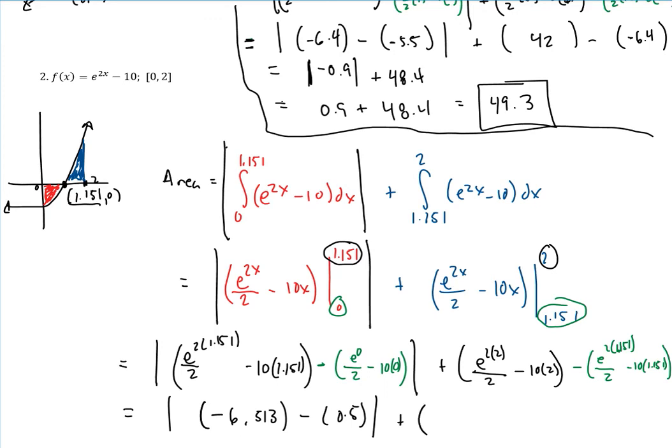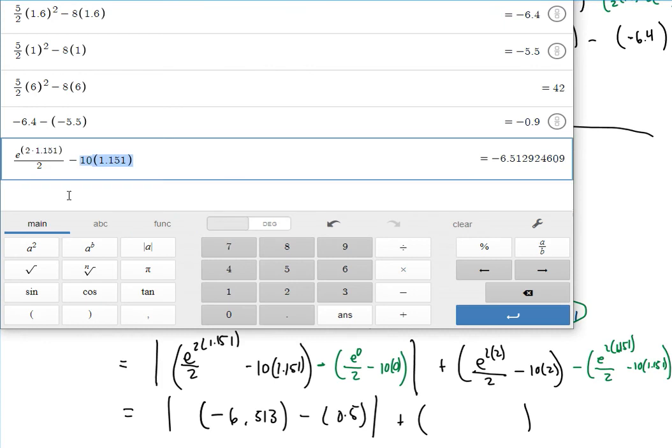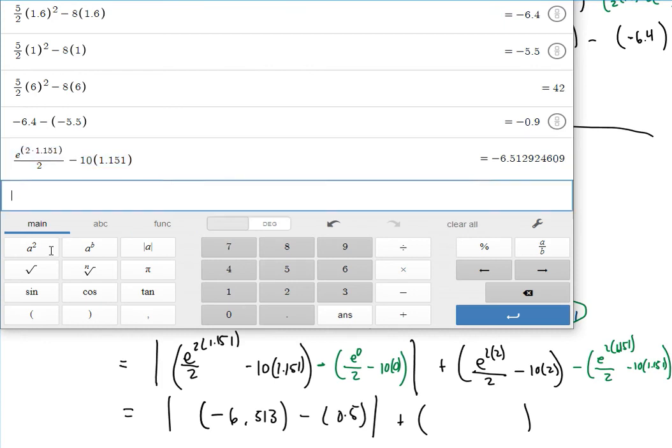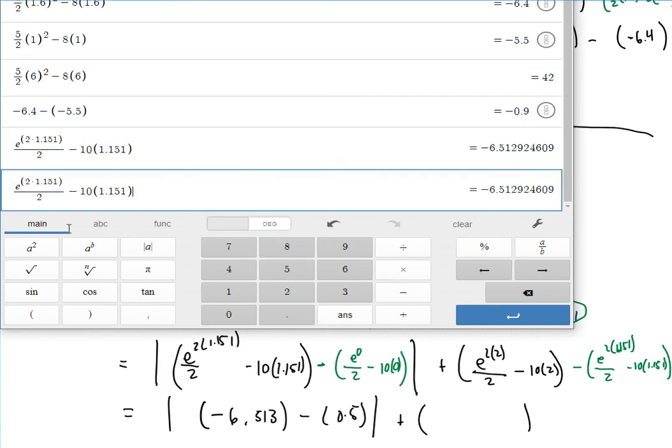And then plus this one. That one I'm going to do with copy and paste to help me from our previous one here. So let's copy and paste, and then I just need to change the 1.151 into 2. There we go. And that one also 2. Okay, so to 3 decimals, it would be 7.299.